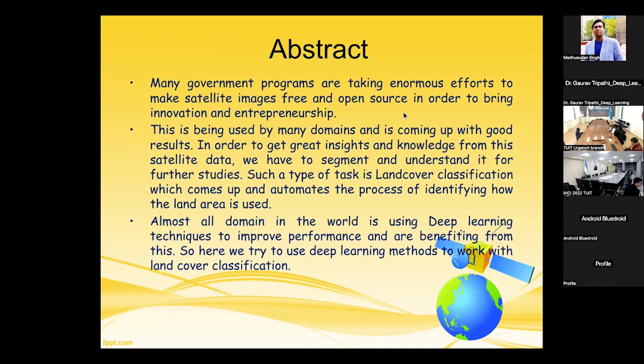Okay. So we need to focus on why we actually need this LULC. The abstract itself says that many government programs are taking enormous efforts to make satellite images free and open source in order to bring innovation and entrepreneurship. The three important words here are satellite images, free and open source.